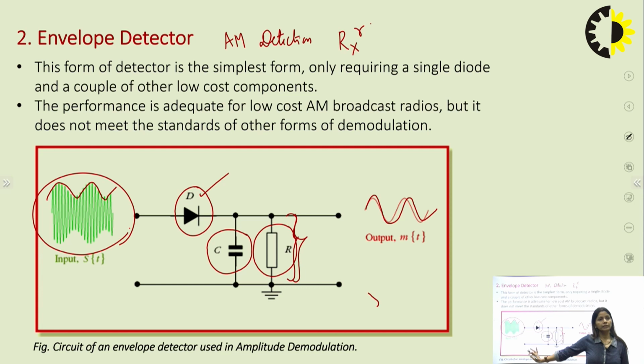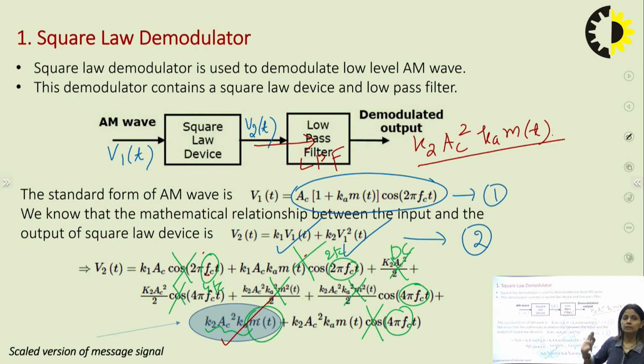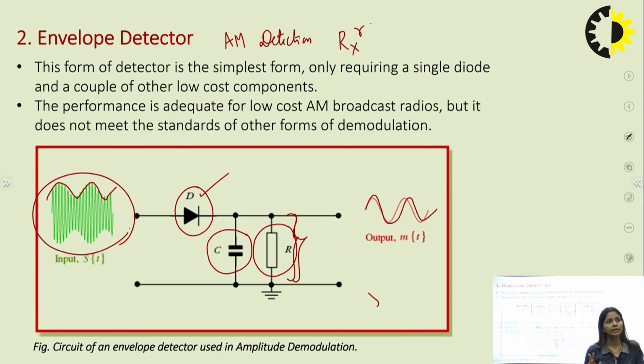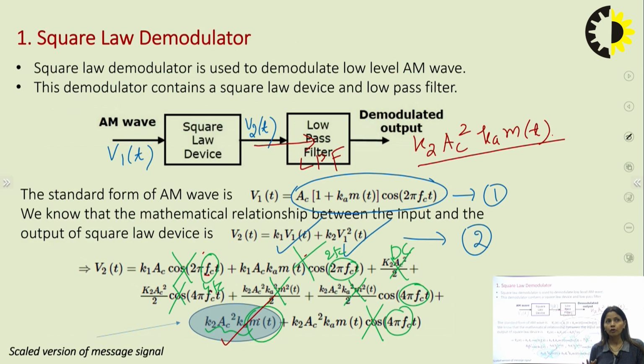You have to make this circuit, and here you have to explain the demodulator circuit. Kindly note these two circuits you have to remember: the square law demodulator circuit and the envelope detector for demodulation. For the square law demodulator, you have to explain the output of the square law device.